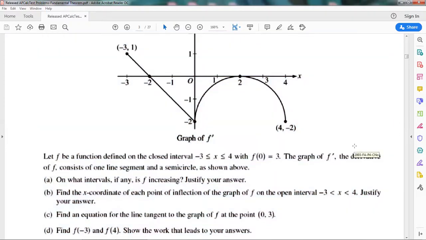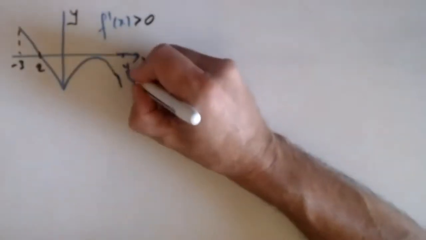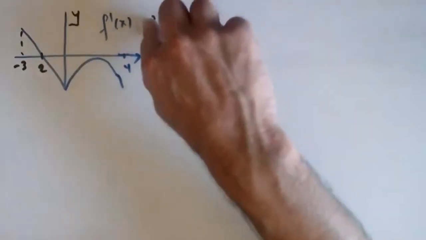Okay, let's see. So I'm going to go back to my screen with my approximate graph. So this is -4, that's +4, -3, and this is f prime of x, correct? Again, what is the criteria to know the inflection points? Because it says, find the inflection points of the graph.